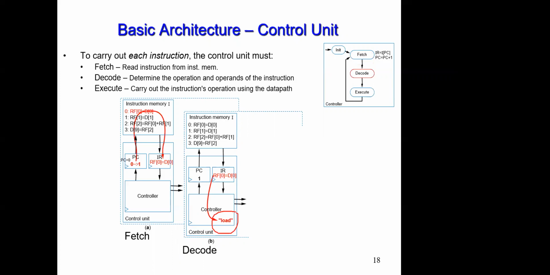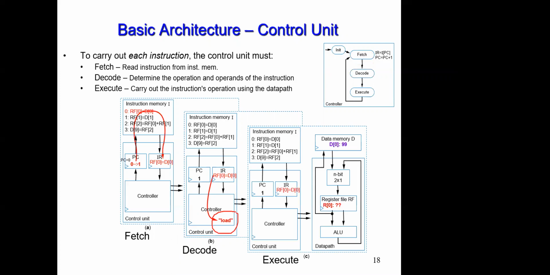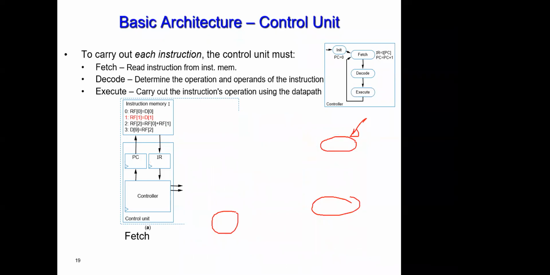After that, I will know that this is a load instruction. Then I have to execute that. If I find in D of 0 the value 99, I'm expecting the value at R of 0 to be exactly the same. So I'm copying the 99 to the register file.